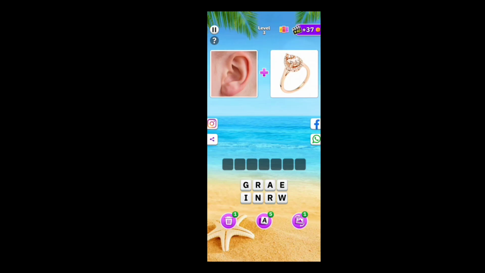Here you can see the pictures. The first one is ear plus ring. How can we concatenate or merge these two pictures? We can say earring. If you pronounce the word earring, you can make the spelling.